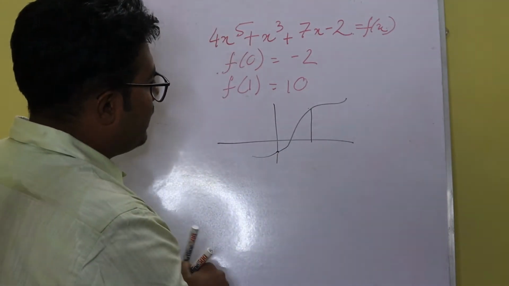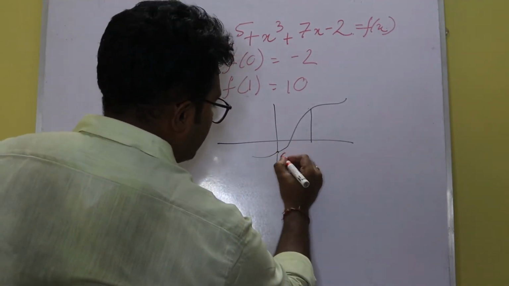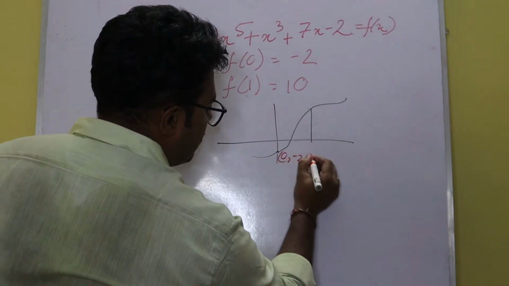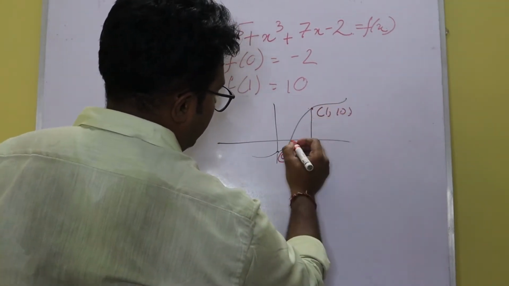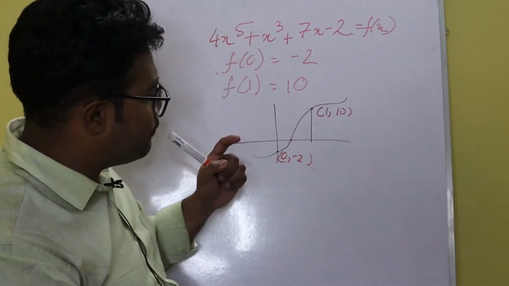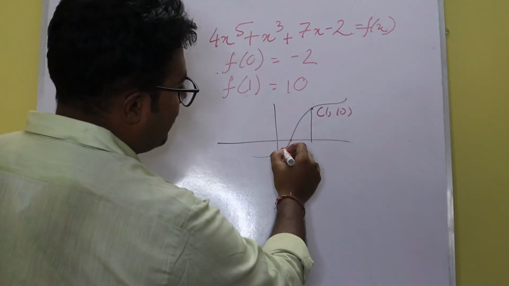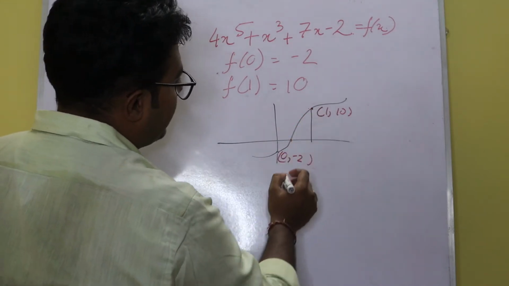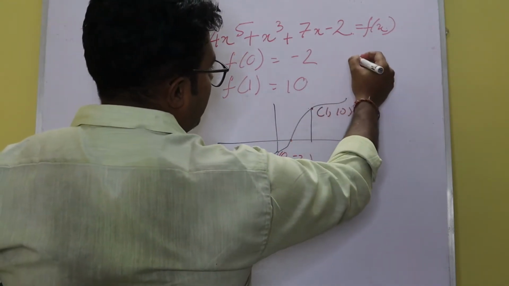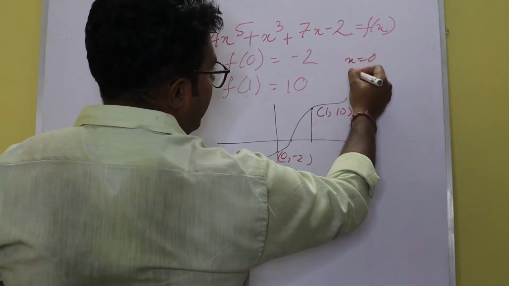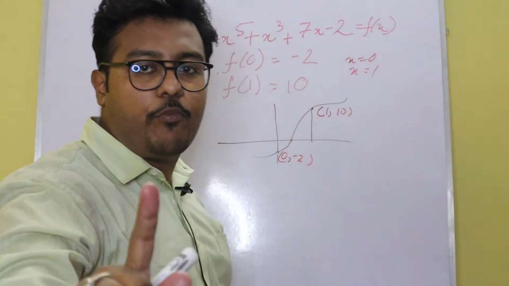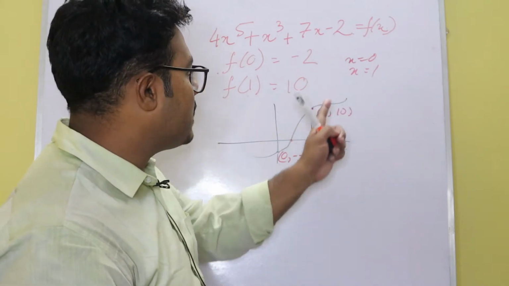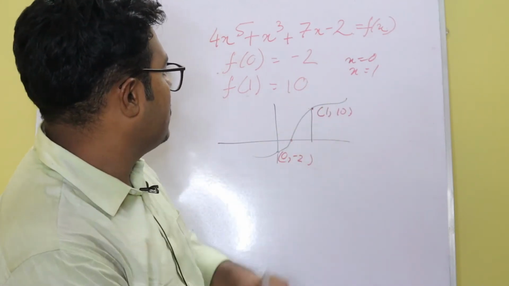At this point it will be 0 and minus 2, and at this point it will be 1 and 10. As we can see, there will be a zero between these 2 points, that is, between x is equal to 0 and x is equal to 1, there will be at least one point at which this function will be equal to 0.